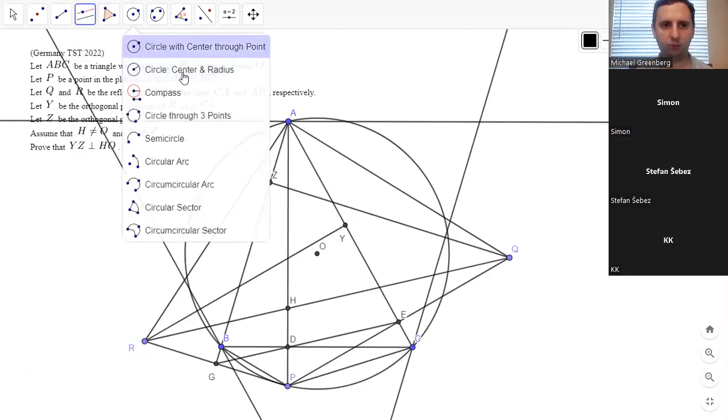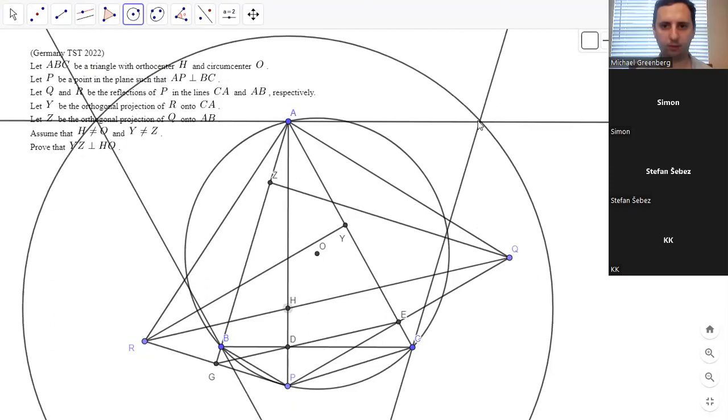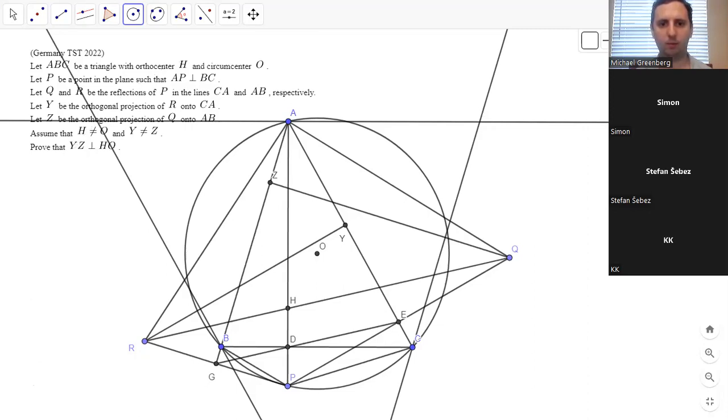Then H is the circumcenter of this triangle. And so the power, oh, actually that wouldn't work too well. I wanted to try to find the power of Y and Z with respect to that circle, but I think that just makes it harder. Okay, never mind.